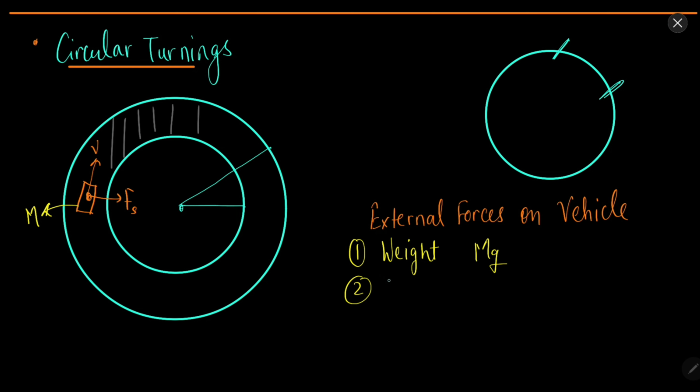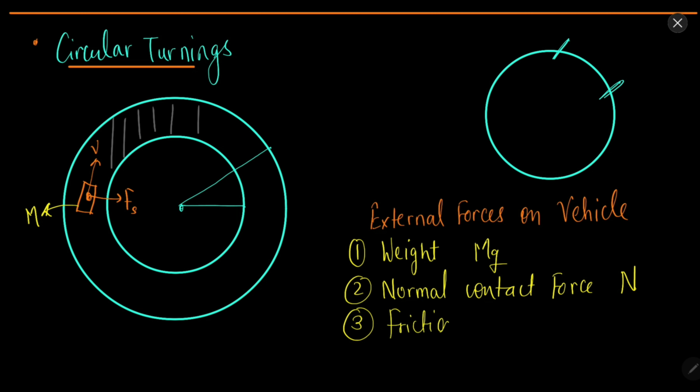Second force will be the normal contact force, that is usually represented by N. So the normal force is the force which will be applied in the upward direction by the road. Then the third force is the frictional force, that we have represented by the letter Fs.